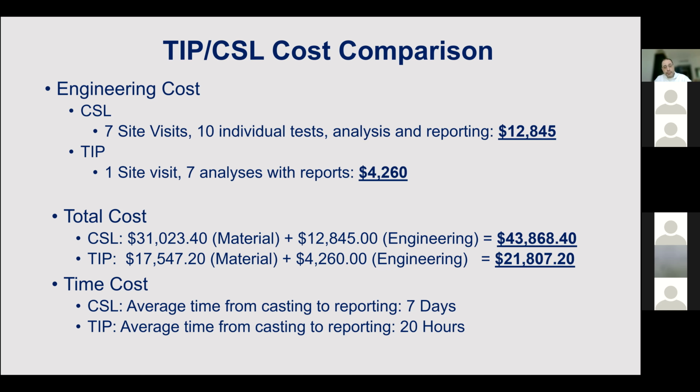If you can reduce the time from casting to reporting from 7 days to 20 hours, this is a huge savings. So if you can accumulate all these savings in the project schedule for the contractor, being able to wrap up his deployment on site, he can demobilize and save 1 or 2 weeks.